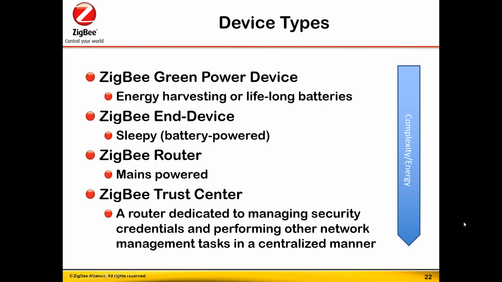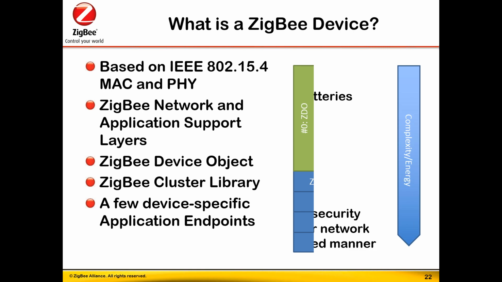The next one is the ZigBee end device, which is typically also battery powered, but it draws considerably more power than a green power device, and it does not take part in the ZigBee mesh. The ZigBee router, instead, is the backbone of the connected home or connected building or whatever application you have.